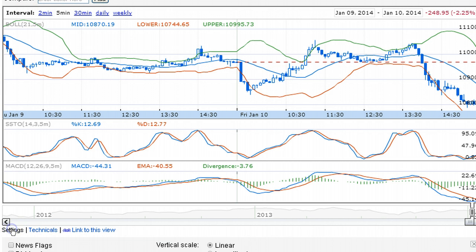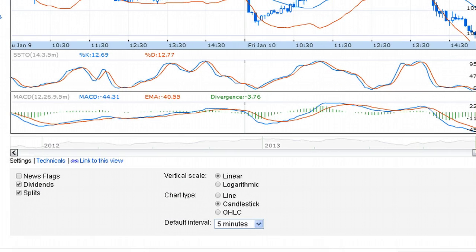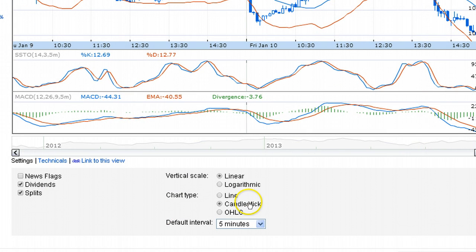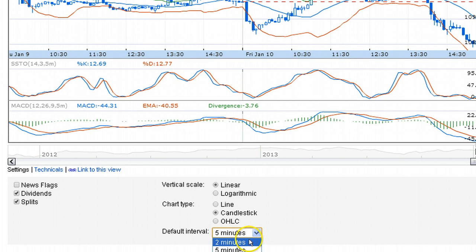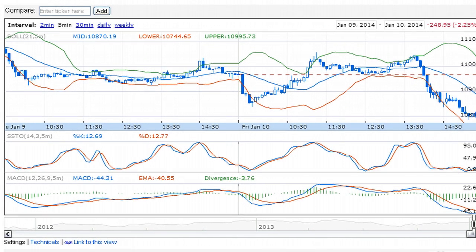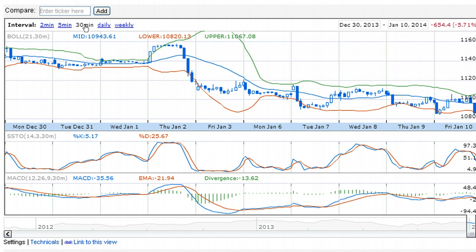And you have the settings here, and as you can see, I have the settings as candlestick and default interval as 5 minutes. So once you get in candlestick, you can also have the default setting as 30 minutes or daily. That is up to you. Let me show you the 30-minute.